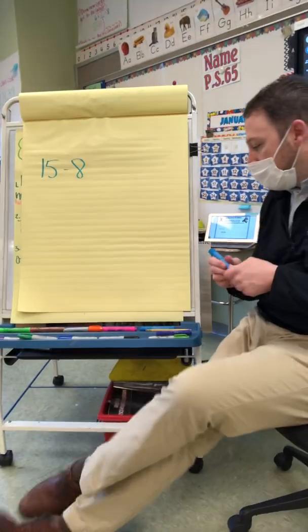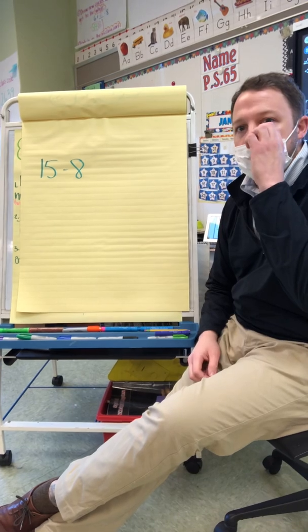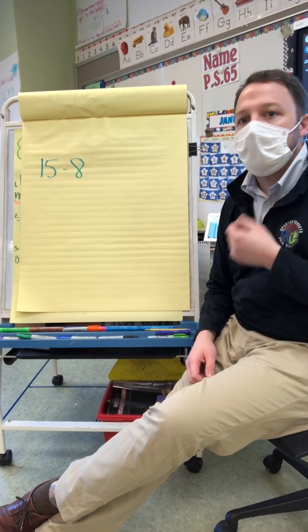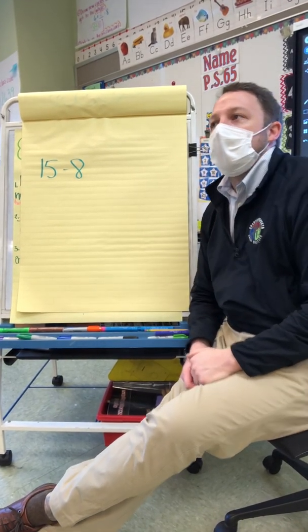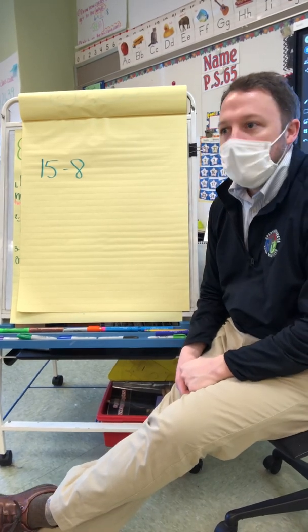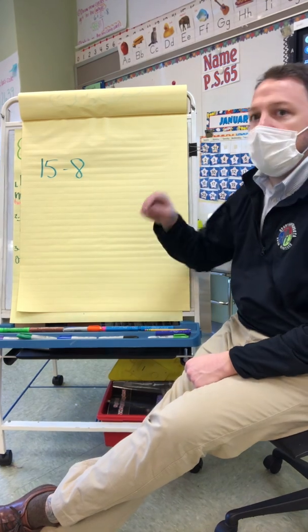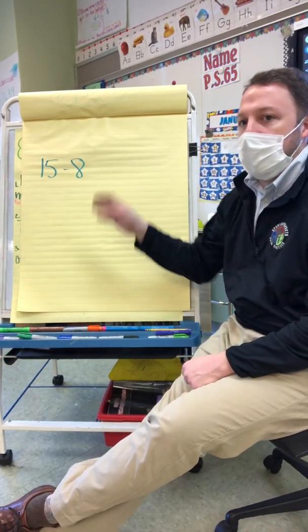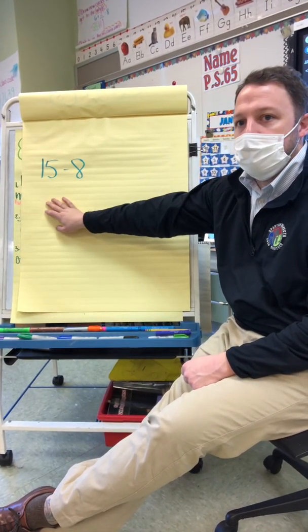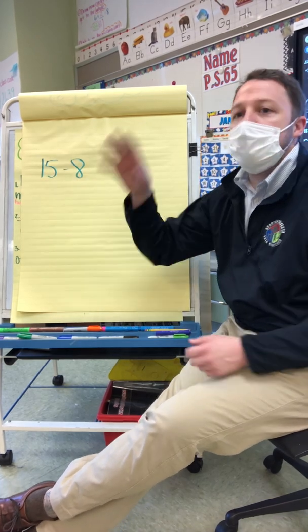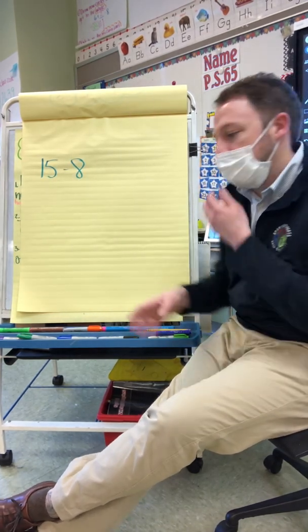So now, should we count on or should we use counters? Amaya, you just keep screaming counters at me. Do you want to do drawing counters where we draw all the counters, or do you want to do the counting on where we draw a few counters? Let's do the few counters one first, okay?